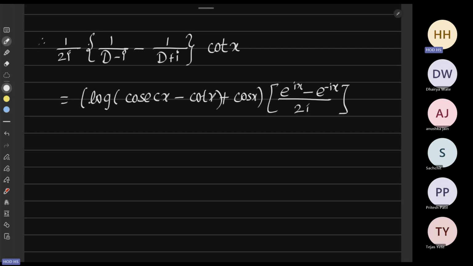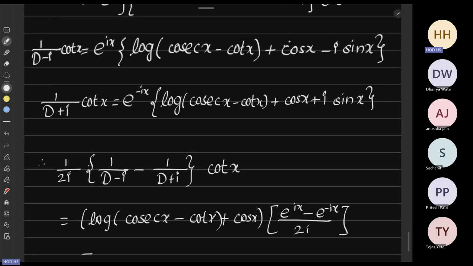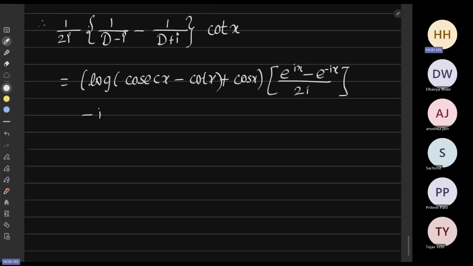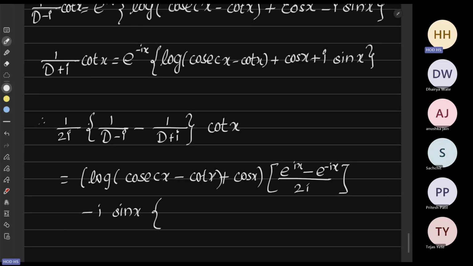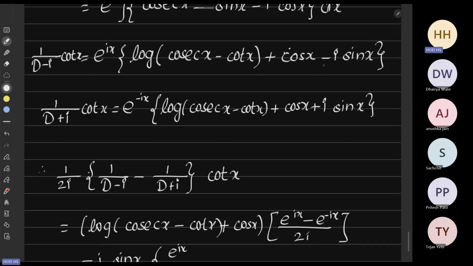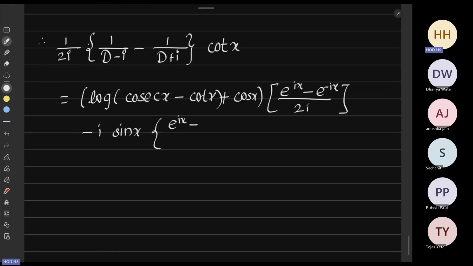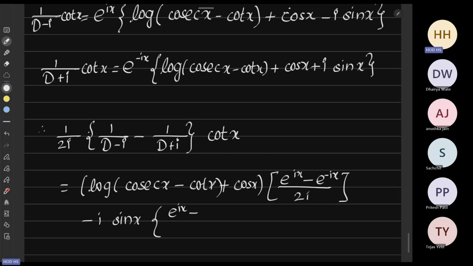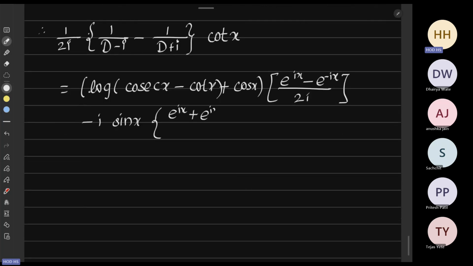Then minus this i sin x, and again from the first part I have e to the power ix. Notice the plus sign is reversed so I need to add an extra negative, but there is again one negative, so it will become plus e to the power ix divided by 2i.